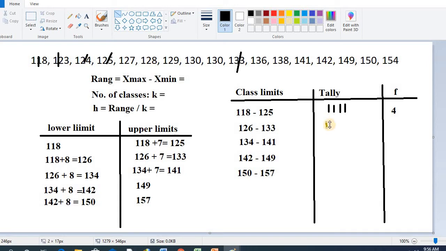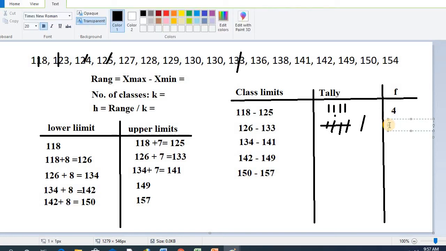So 1, 2, 3, 4, 5, 6. In this class we have 6 values. So these are cancelled.